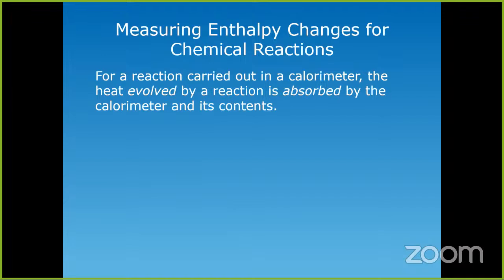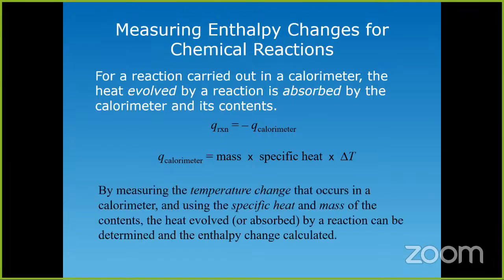So basically we can write down the relationship between the heat change of the reaction and the heat change of the calorimeter, right? Q of the reaction is equal to minus Q of the calorimeter, all right? And of course, Q of the calorimeter can be expressed as the equation we are now familiar with, M times C times delta T. So basically, we can use this idea to measure the heat of the reaction, right?